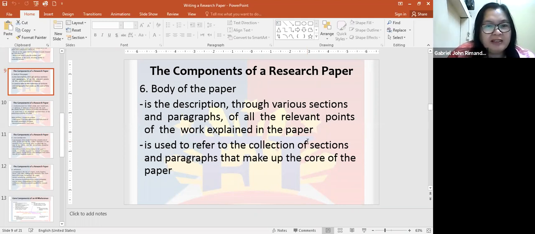So basically, in the body of the paper, we start with the aims and objectives, and then methodology. Under the methodology, you have to identify the number of participants, the instrument that you're going to use, and the procedure.